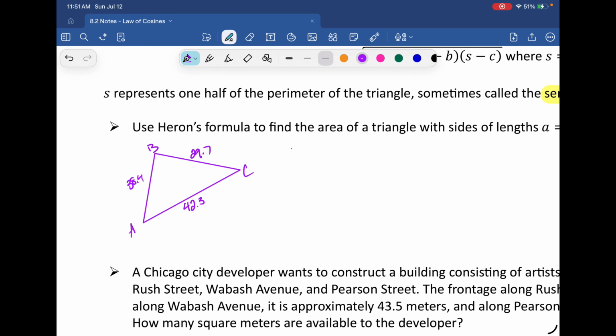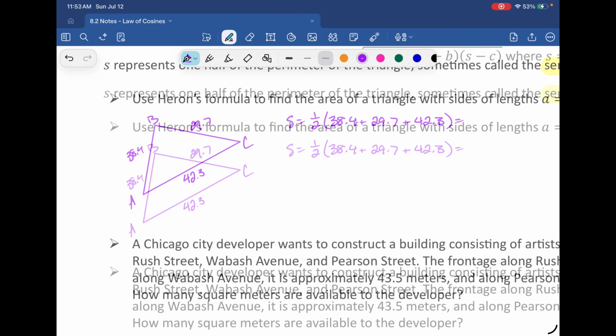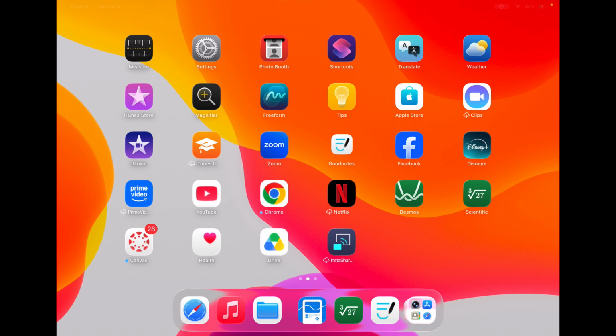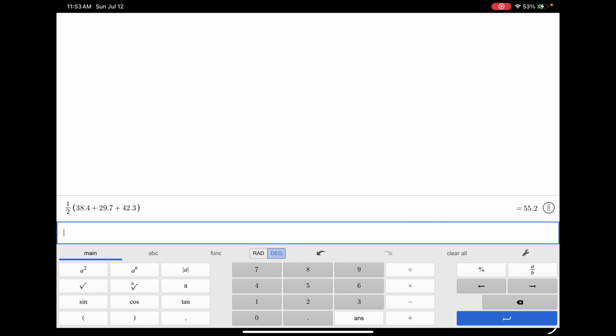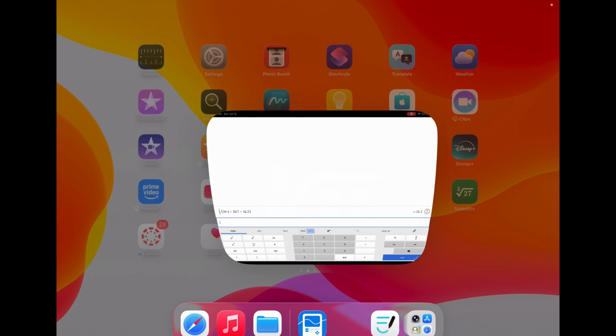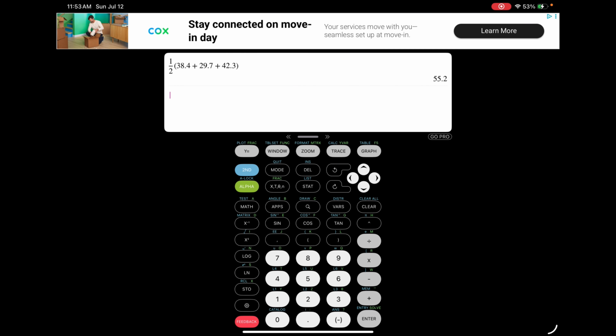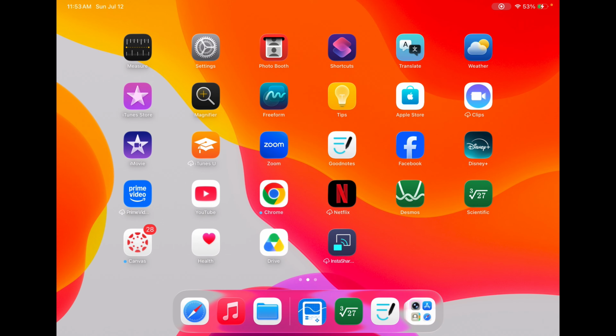The first thing we do is find the semi-perimeter. I'm going to do it like this, 1/2 times 38.4 plus 29.7 plus 42.3, just because I don't like writing over 2. Got it in my calculator. In Desmos it looks like 55.2, and in my graphing calculator, 55.2.